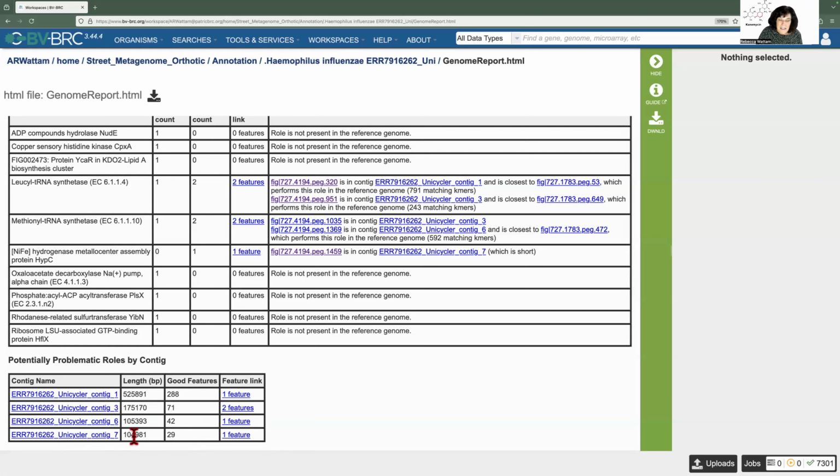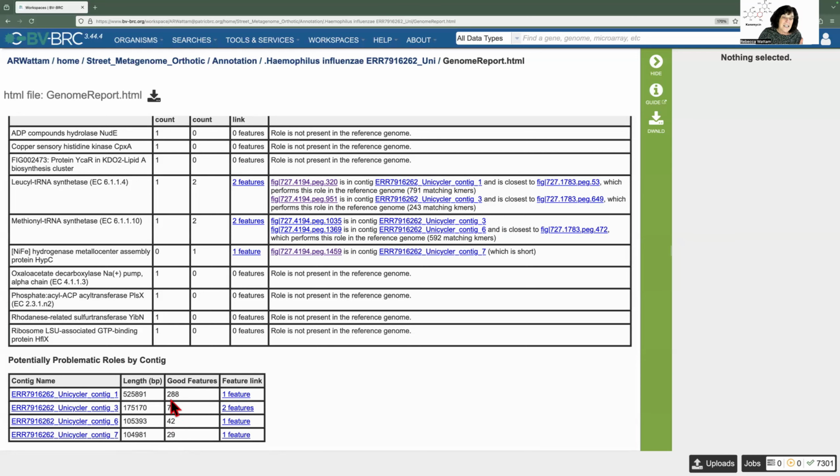But if I had a contig that had things that weren't expected in this genome, let's say 20 genes that had been identified as potentially problematic, and they all occurred on the same contig, I would start thinking that maybe I had a plasmid here or an area of horizontal transfer that we needed to look at.